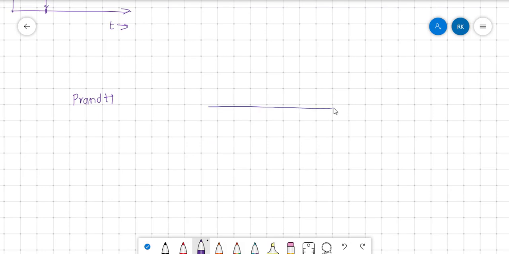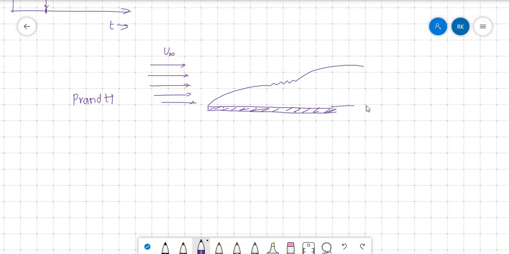We will be seeing this boundary layer in a separate chapter. If this is any surface and a flow is approaching here with u infinity, the free stream velocity, due to this obstruction here, a boundary layer is formed.